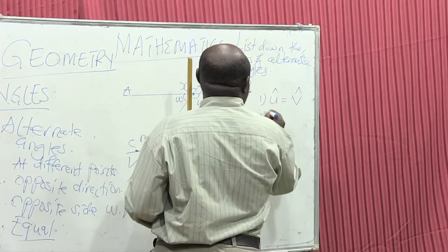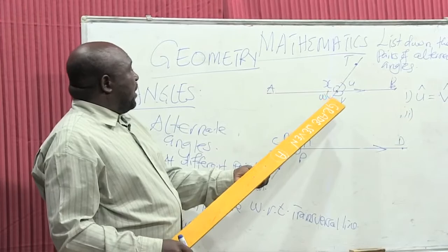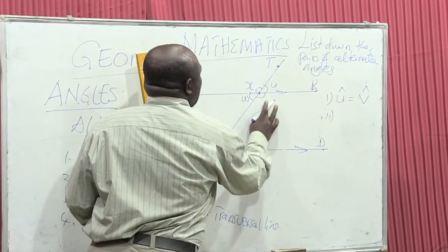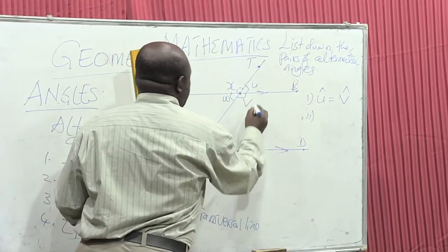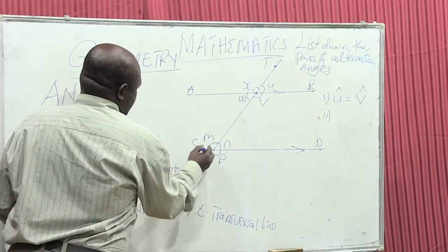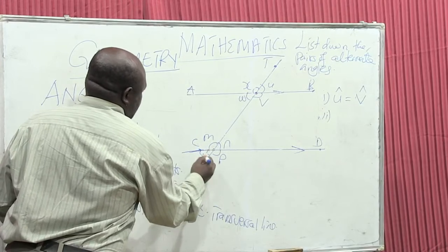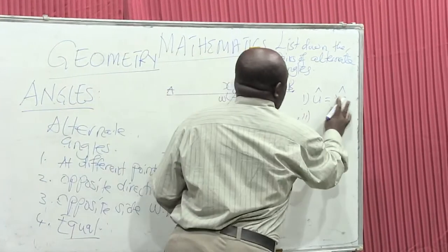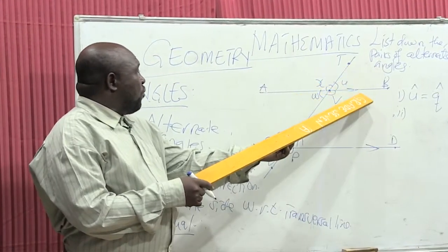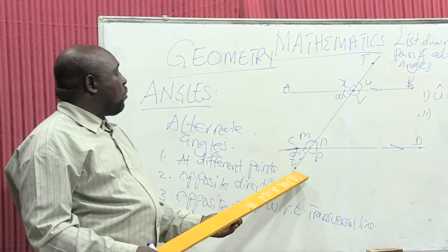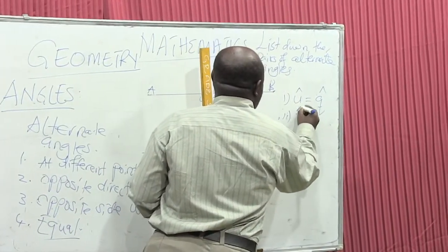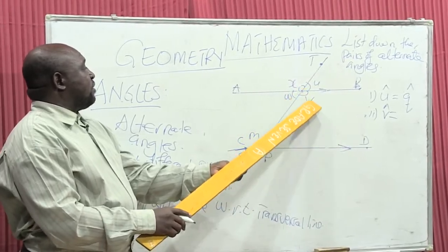The second one, no, okay, sorry, V is listed twice. UV, MNP, no. This is angle Q, not angle V. Angle Q. So U is alternate to angle Q. V, angle V is alternate.